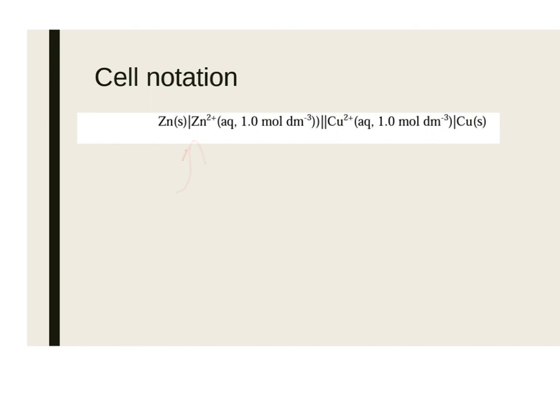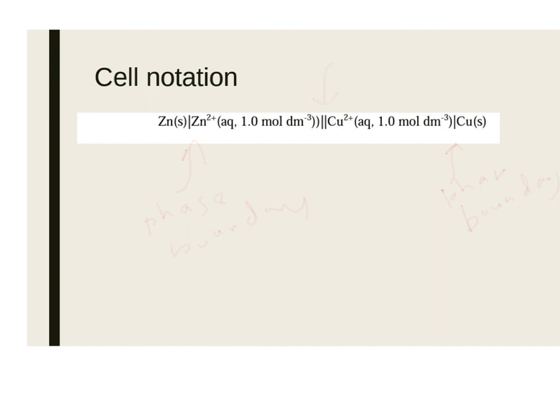This indicates the phase boundary between the solid and the solution, right? The same thing you can note here, this is also the phase boundary. In copper also the same thing, so solution and the solid, there is a phase boundary, indicated by the single vertical line. So what is this double vertical line?